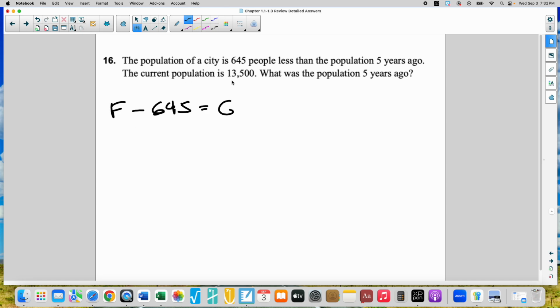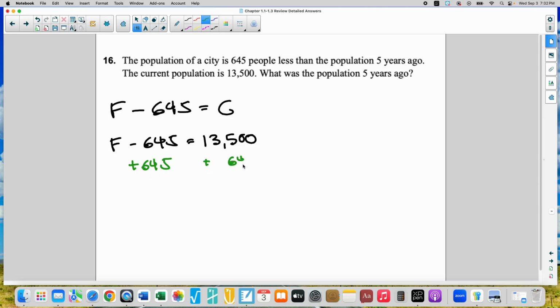Now, we know what the current population is, so we will substitute that in. The current population is 13,500. And so 5 years ago minus 645 would equal the current, and the current is 13,500. So let's get rid of the -645 by adding 645.